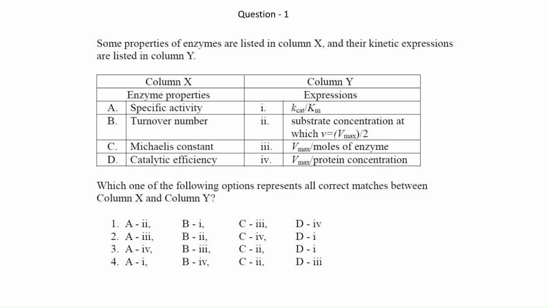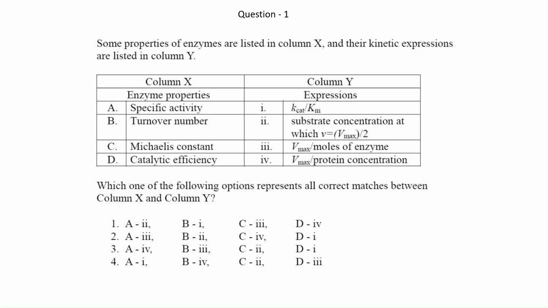And column Y has 4 expressions: kcat by Km, substrate concentration at which V is equal to Vmax by 2, third is Vmax per moles of enzyme, and fourth is Vmax per protein concentration.